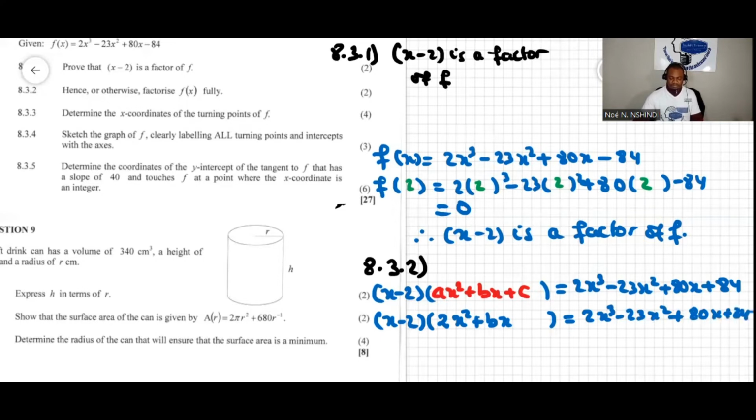Now, what should be the value of c? c is the last product.